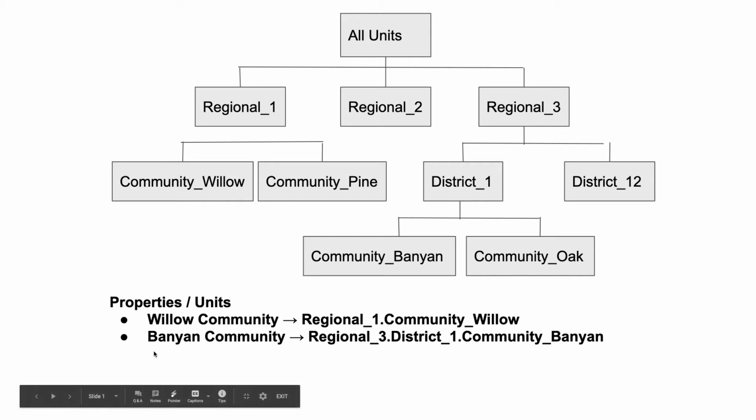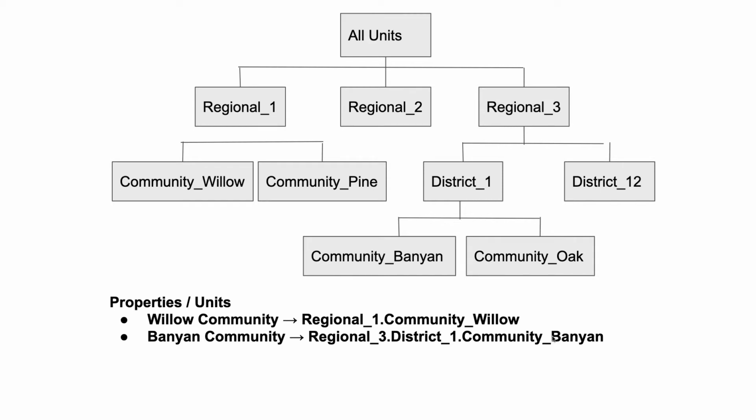Or in this example of Banyan community, that's going to be this level, regional3.district1.community.banyan. Okay, so that's how we're going to represent this tree in our spreadsheet that lets us search through thousands of things on the ZInspector spreadsheet tables. That's how we're going to represent this tree on that spreadsheet.